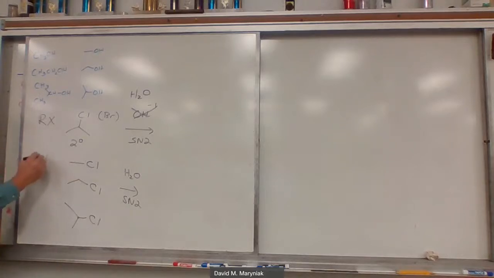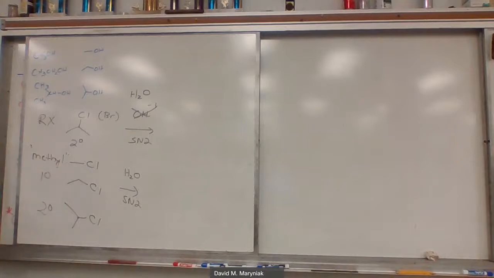Because this is a methyl, this would be primary, and this would be secondary. So again, we're reviewing for the final exam. Which would be the best substrate for SN2 chemistry?